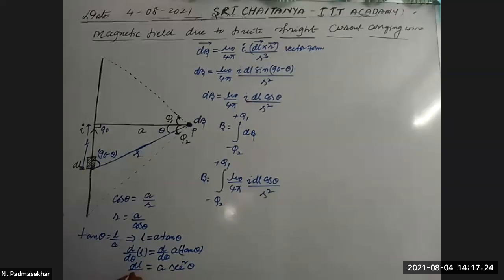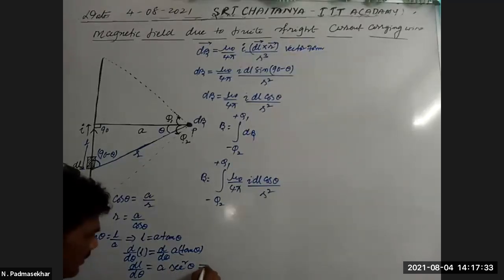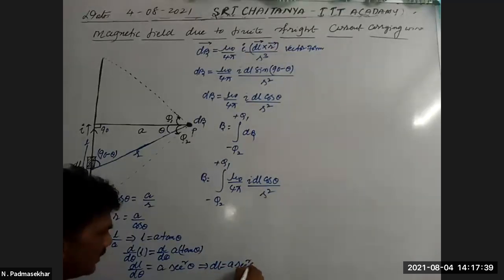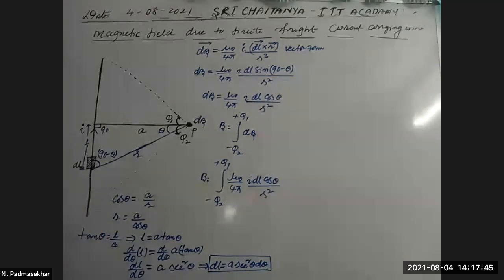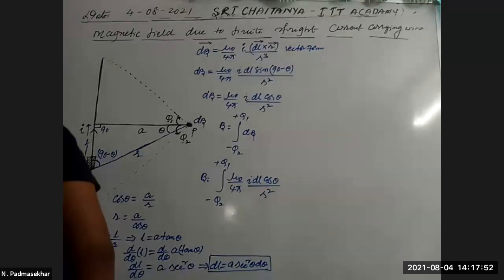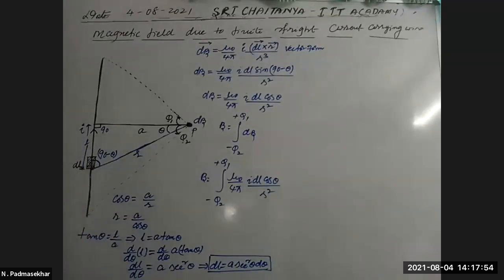This is dl by d theta, right? So from this, dl is equal to A secant square theta d theta. I got dl here.